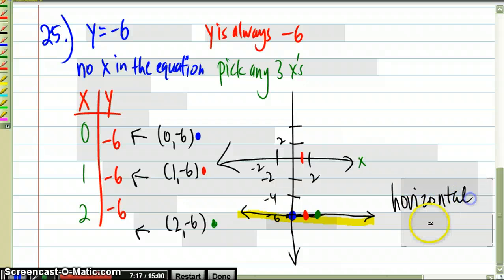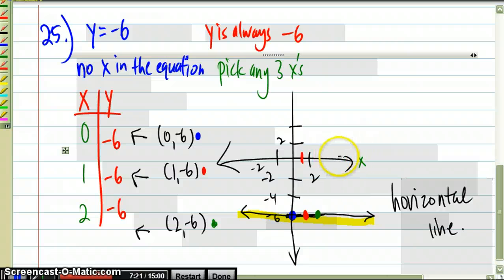It's consistently telling me that no matter what x is, x could be like 10,000 all the way out over here, but I'll always go down -6 for y's. Or if I have like thousands and thousands of numbers, or -1,000,000, then I'm always going to drop down to -6.